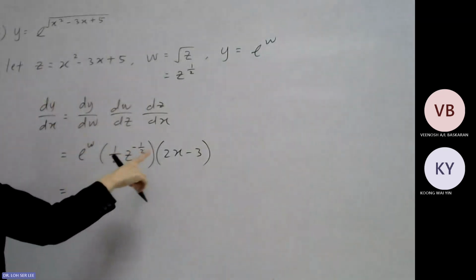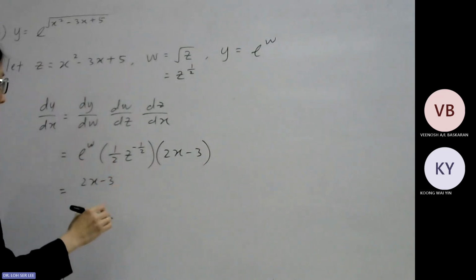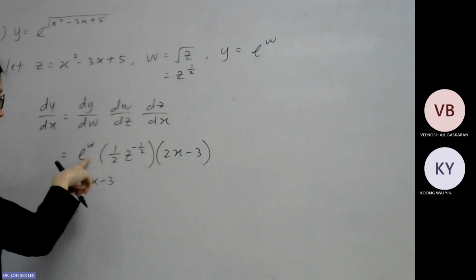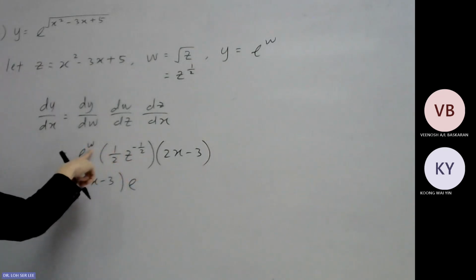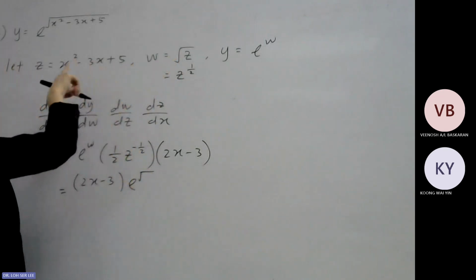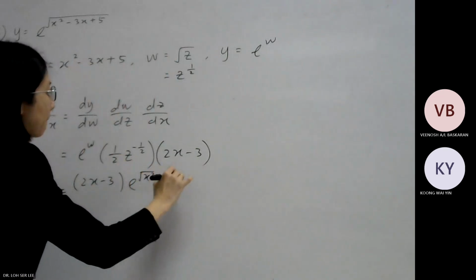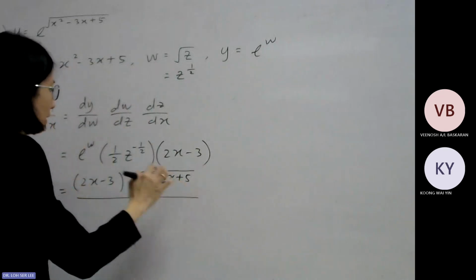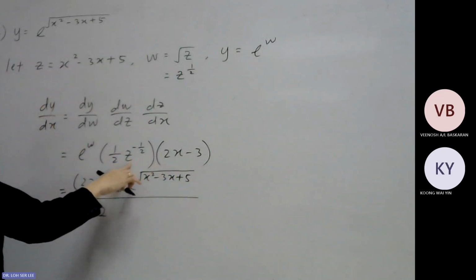So we have at the top 2x minus 3. This one at the bottom, this one also at the bottom. We have e to the power of w. W is z, where z is this, over the 2, and this is z.